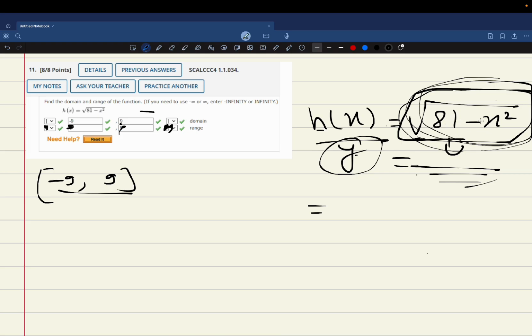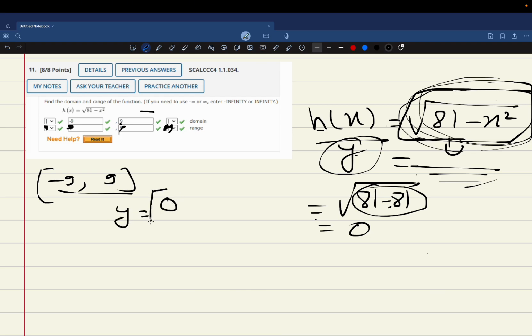So it will be 81 minus 9 squared, which is 81. So 81 minus 81 is 0, right? So one possible value of y is 0. It cannot be negative, because if we put a negative here, it will be a complex number and it cannot exist. So it starts from 0, and 0 is also included.